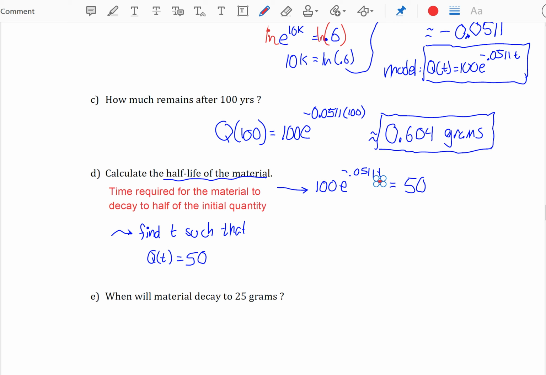The half-life. So let's solve for t. Again, let's divide both sides by 100 to obtain e to the negative 0.0511t equals 0.5.